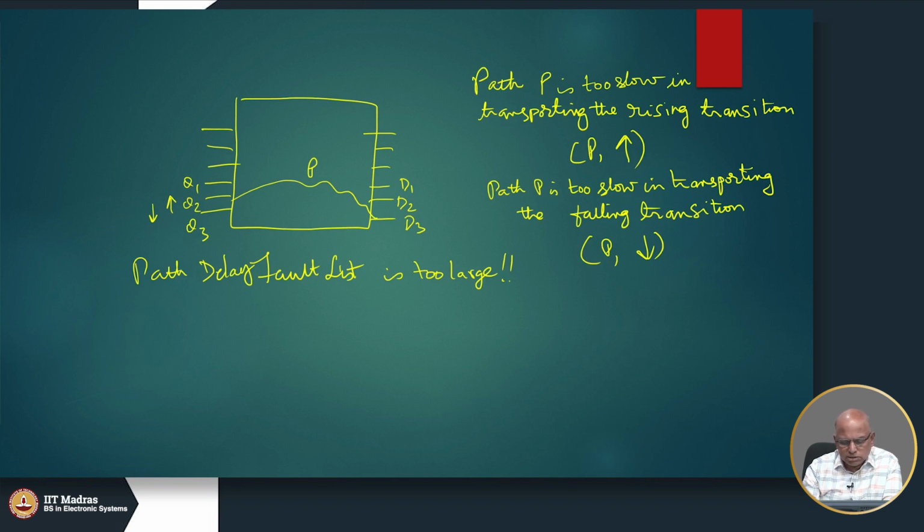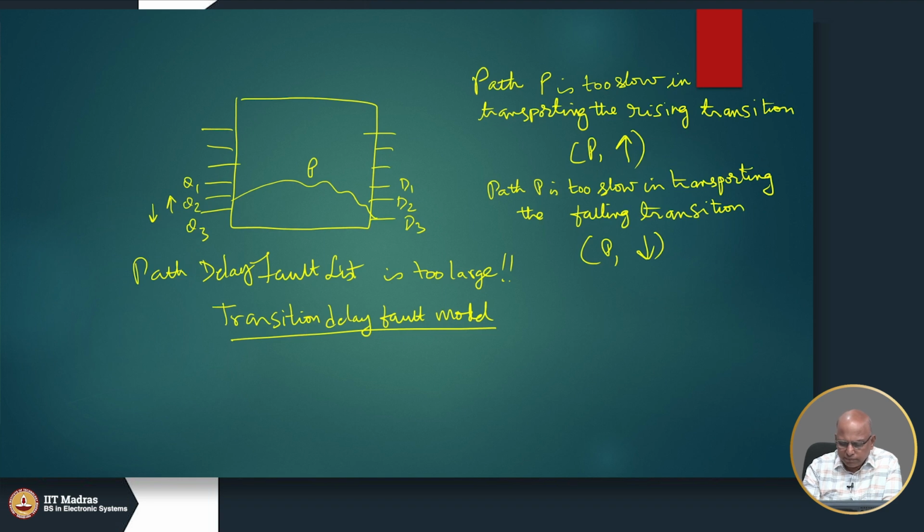So, what is done instead is we simplify and create what is called a transition delay fault model. It is very similar to how we started with multiple stuck-at faults and then argued that let us not do the multiple stuck-at fault model, instead let us do only the single stuck-at fault model.